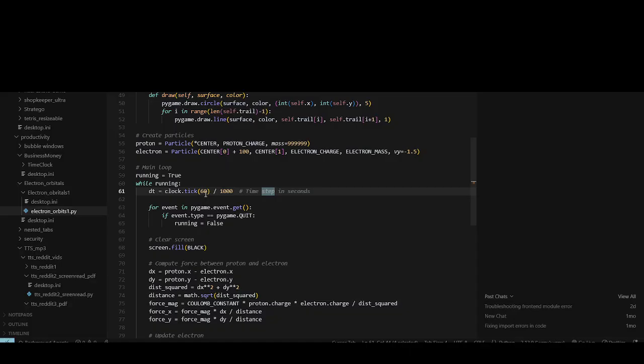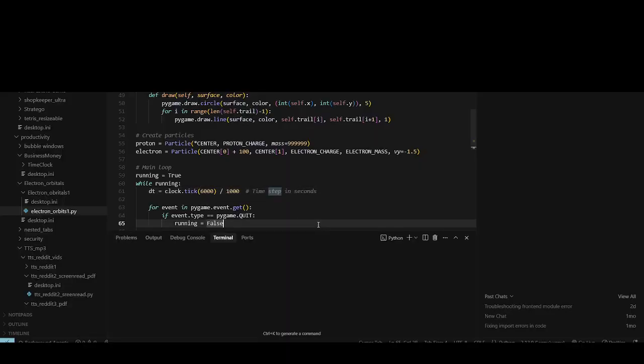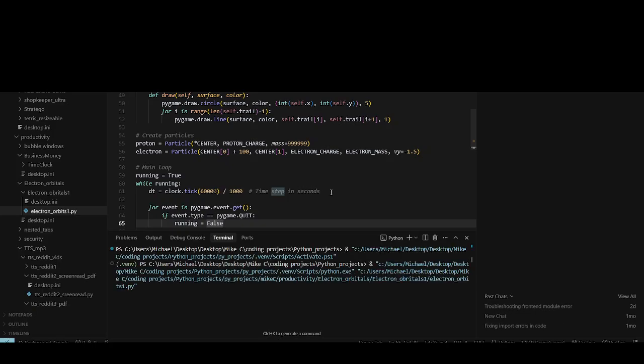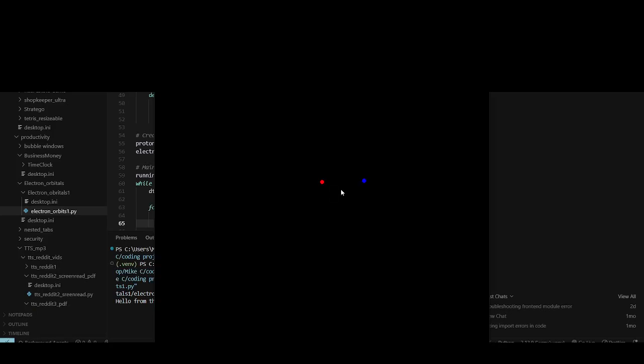So, per 1,000. Can we just maybe add a few zeros? Let's try that. It's moving exactly the same speed, pretty much. Maybe it's a little slower.